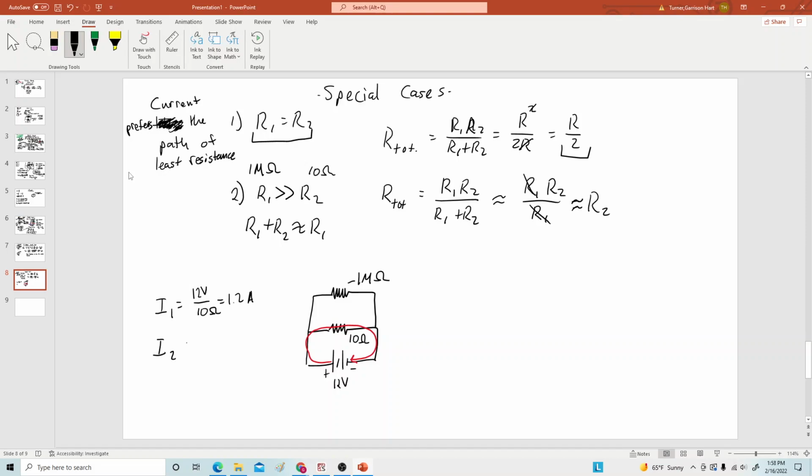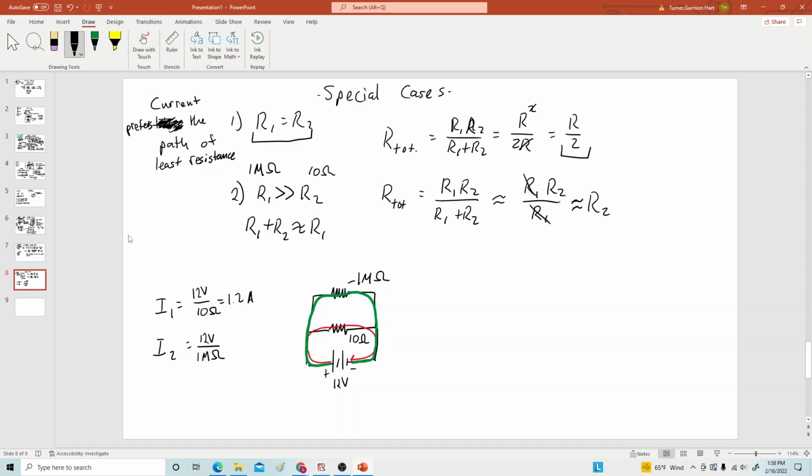I2, because this resistor feels the exact same voltage, it will produce a current consistent with Ohm's law, and its value will be 12 volts divided by 1 million ohms.